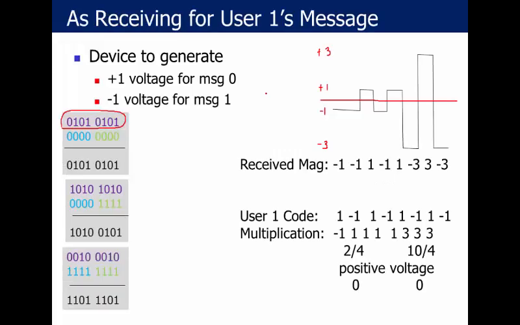So we use that 0101. So 0 1 0 1 0 1 0 1. User 1 code.